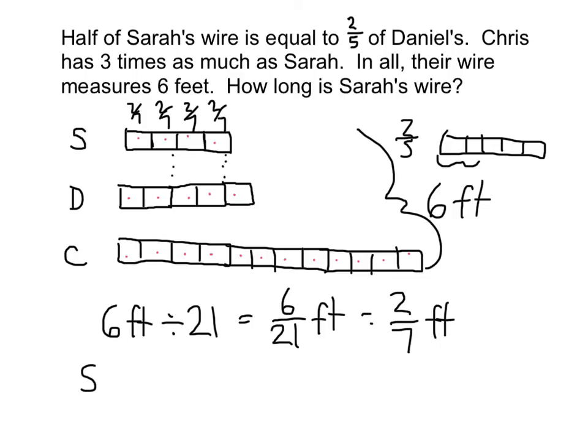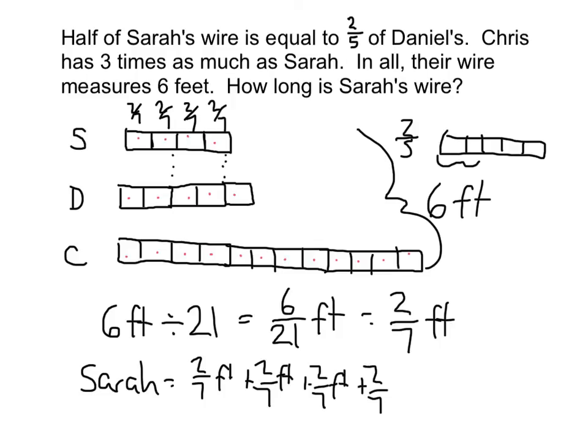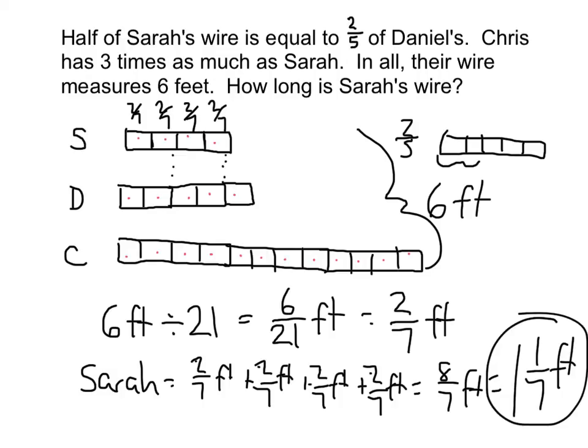So Sarah is 2/7 plus 2/7 plus 2/7 plus 2/7, which is 8/7 of a foot, or 1 whole and 1/7 of a foot. And that is my answer.